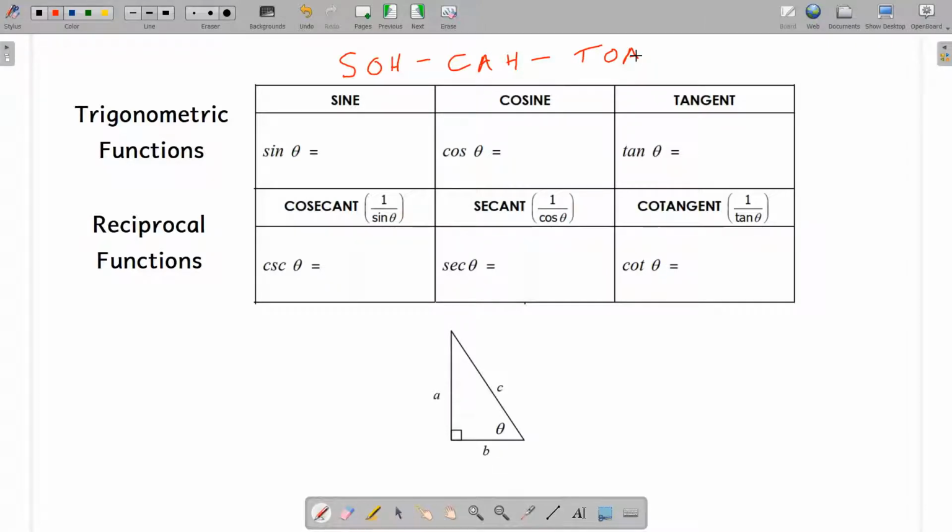Now, all of these are based on the triangle that you see at the bottom. All of these are based on this angle theta. Okay, this is a Greek letter. It's called theta.